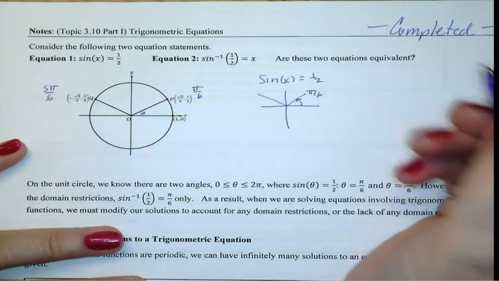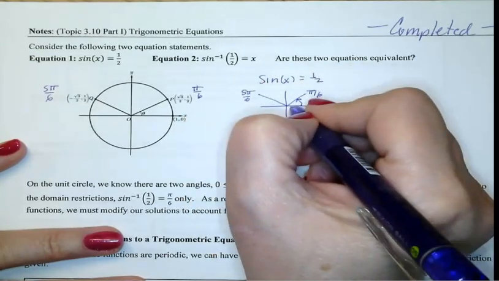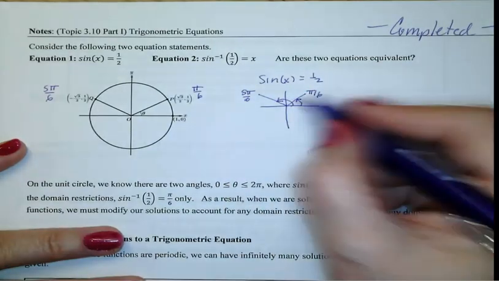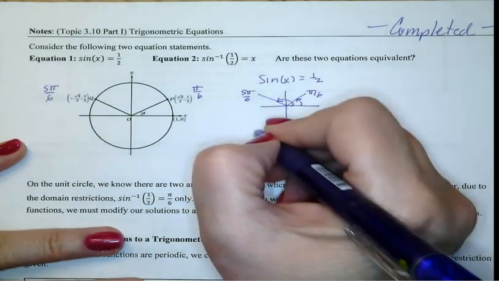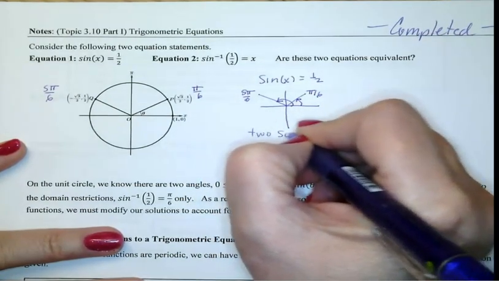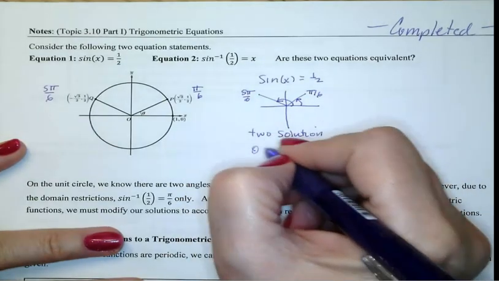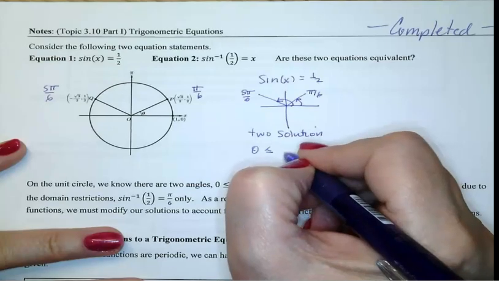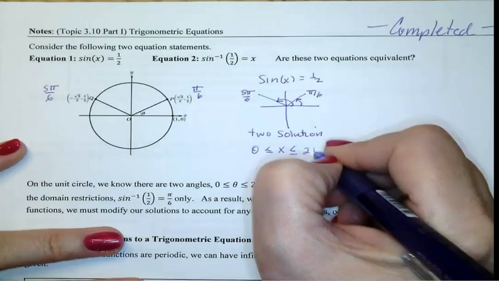And we would have the angle in quadrant 2, which is 5 pi over 6, going from here to there. So we have two solutions that fall between 0 less than or equal to x less than or equal to 2 pi.